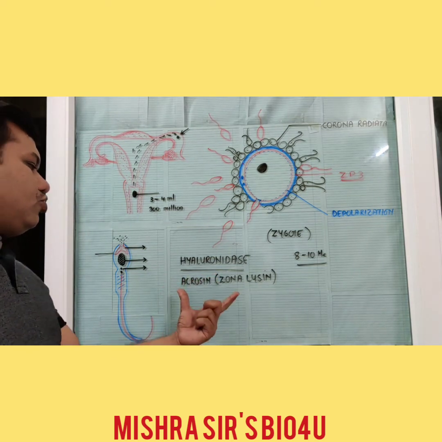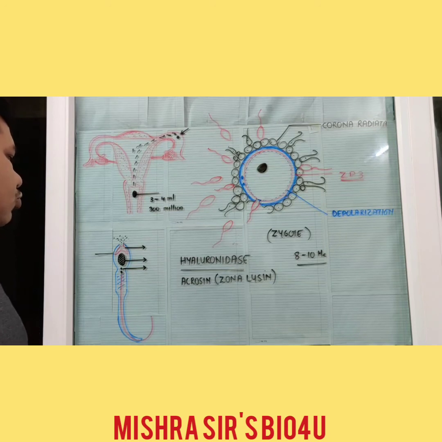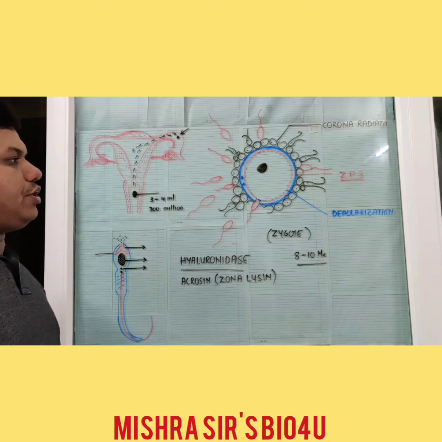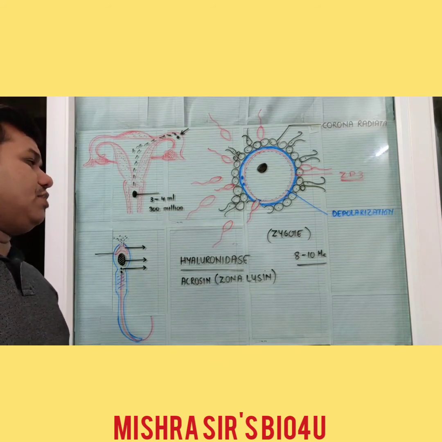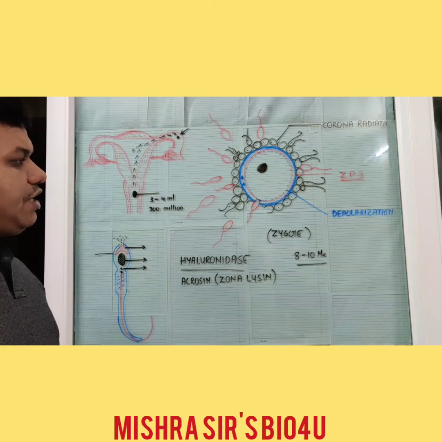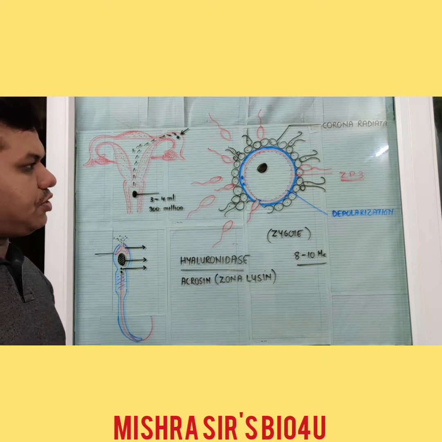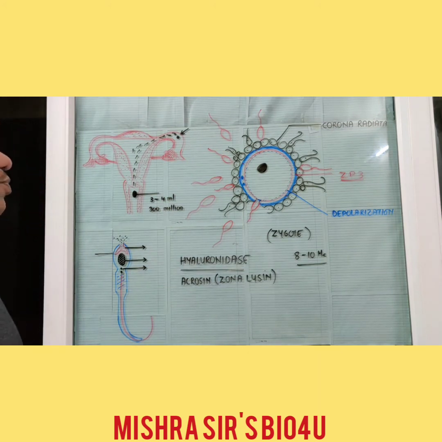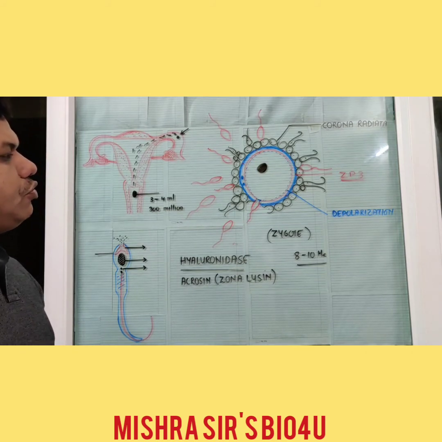The zona pellucida was dissolved by zona lysin or acrosin, which is produced by the acrosome, which is nothing but a modified Golgi complex. Now remember, compatibility of the species is determined by the fertilizin and antifertilizin reaction. Now remember, the sites I told you, specialized receptors on the zona pellucida, are responsible for facilitating the entry of the sperm into the ovum.